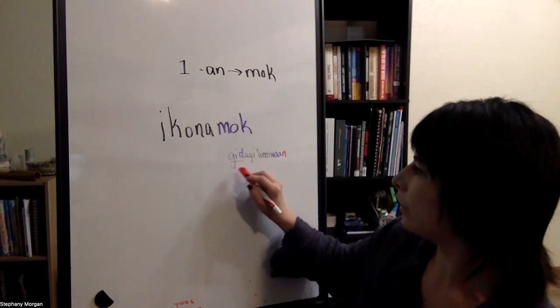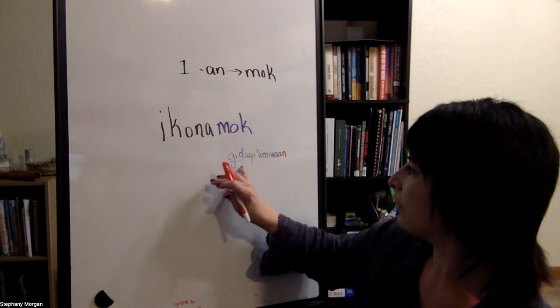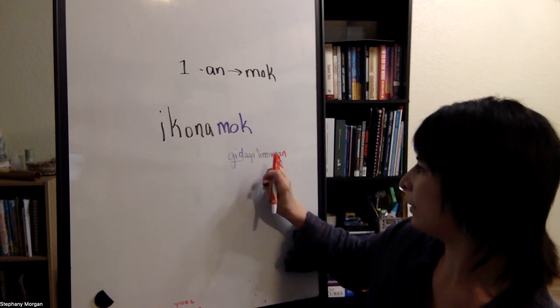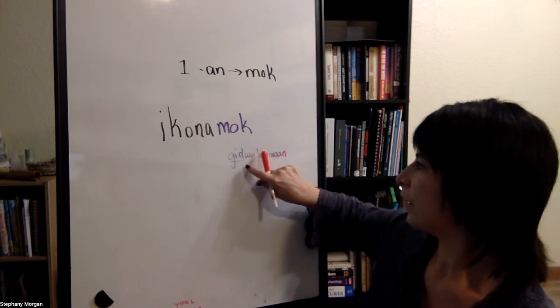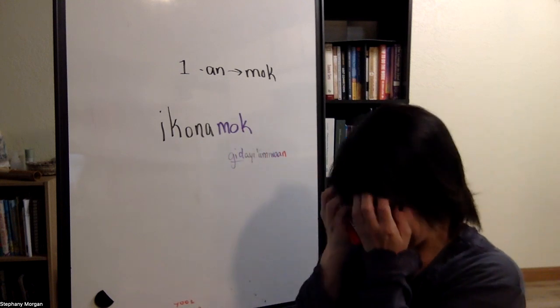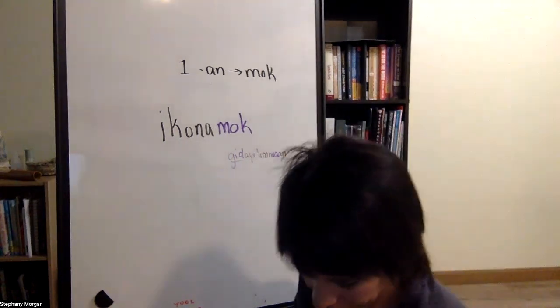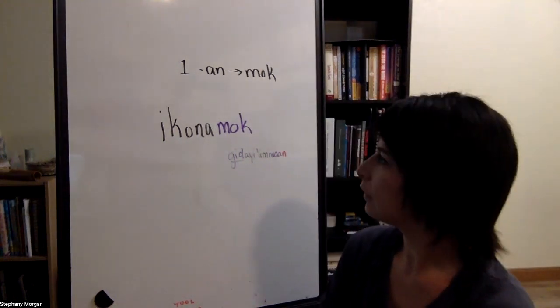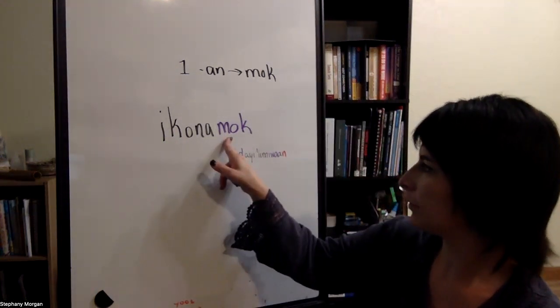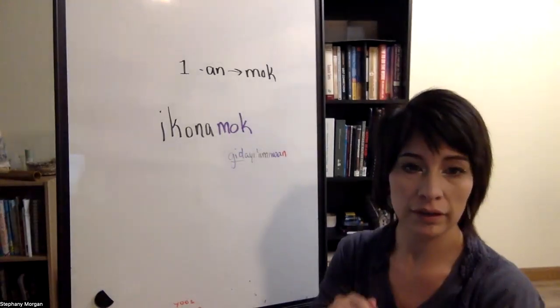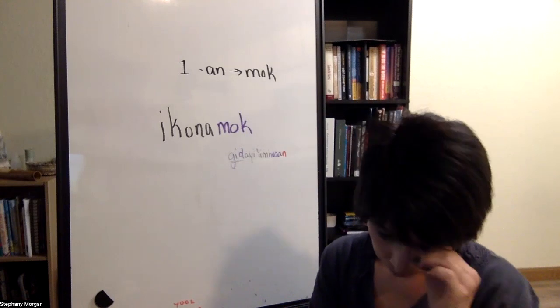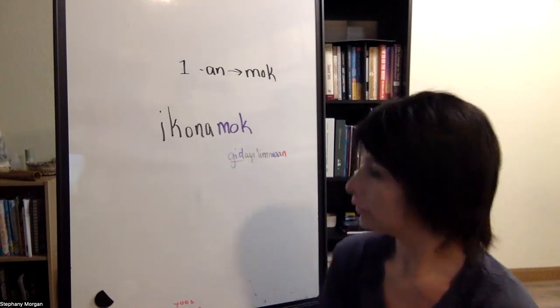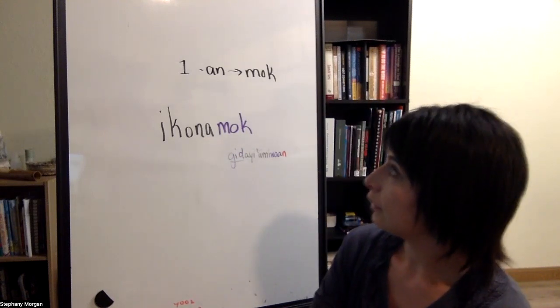Your, ginawa, more than one you, is ge plus iwa, and if there's more than one item, you pluralize it by putting that n on there. Dayaim, I think, is like an item, or a thing, possession. Ikonamok is how you make that a plural command. Set it aside, set them aside, whatever you guys have.